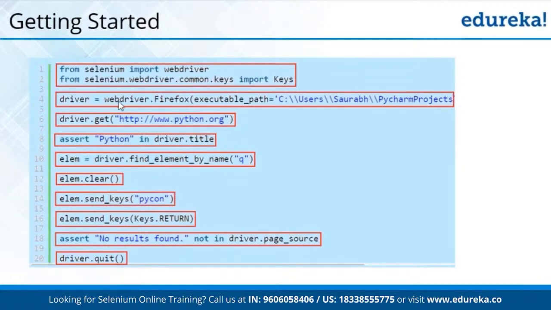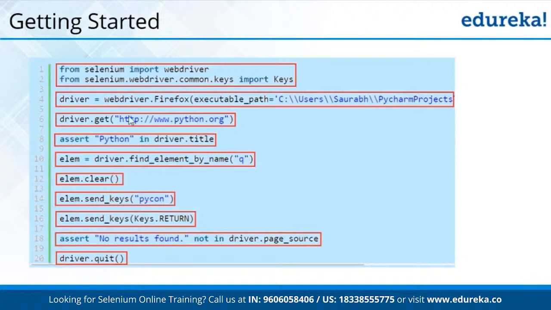Then you have driver = webdriver.Firefox(executable_path = the path of your project). What happens is, when we have to create a WebDriver, we have to call the WebDriver and open up a browser. So we declare a variable, driver.